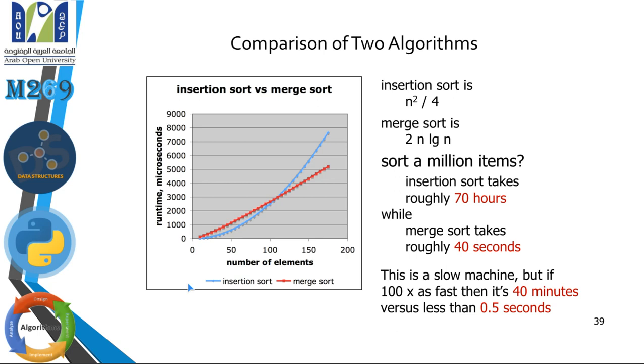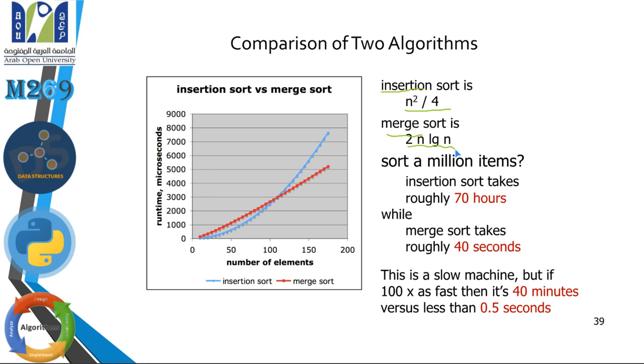For example, here we have the complexity of two sorting algorithms: the merge sort and the insertion sort. The complexity of the insertion sort is n square divided by 4, and the merge sort is found to be 2n log n.